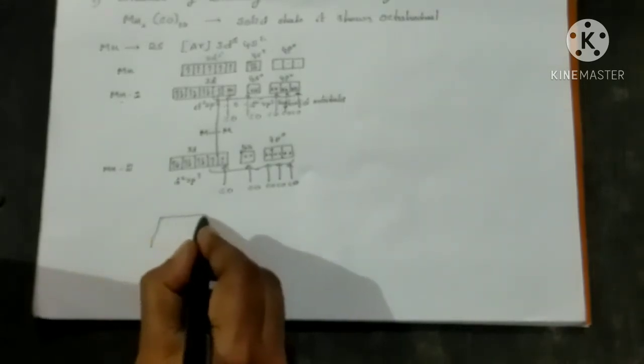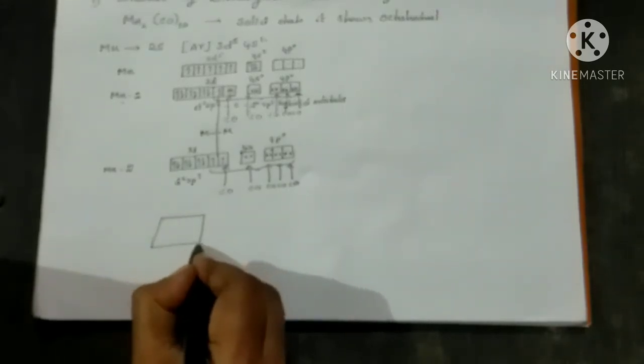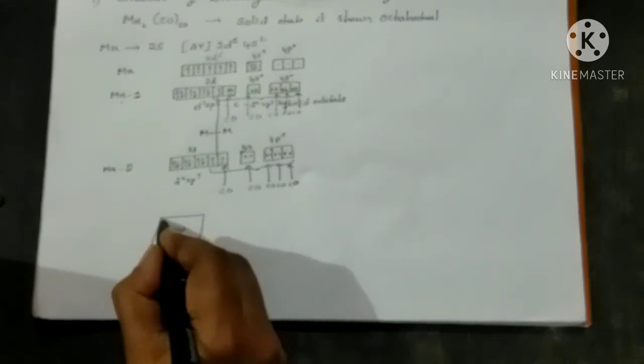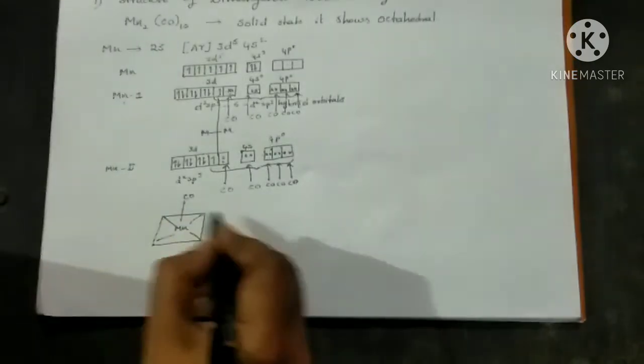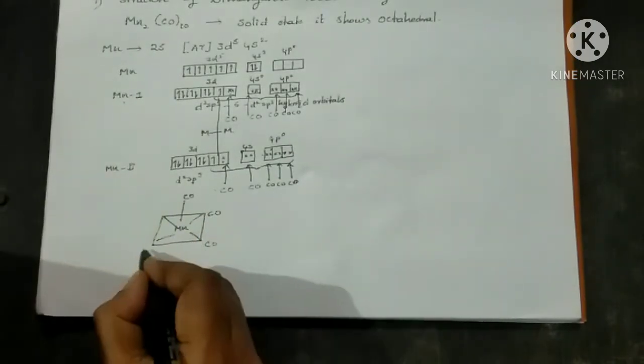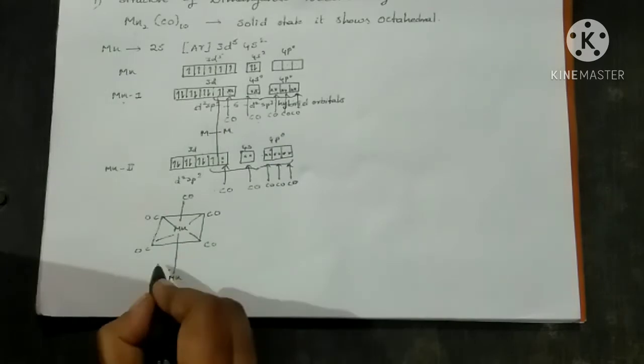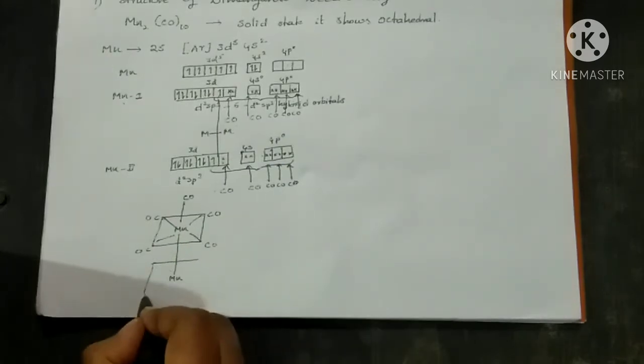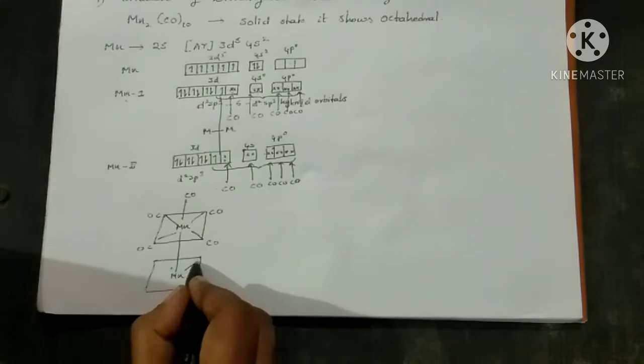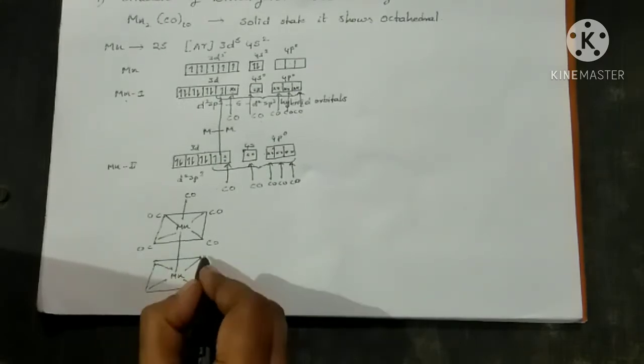In this way, the structure is seen like this with 2 octahedrons, each with a manganese atom at the center and 4 carbonyl groups. This manganese is attached to the second manganese atom, and another octahedron is like this, as shown in the figure.